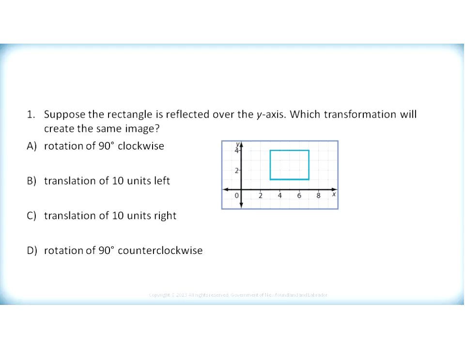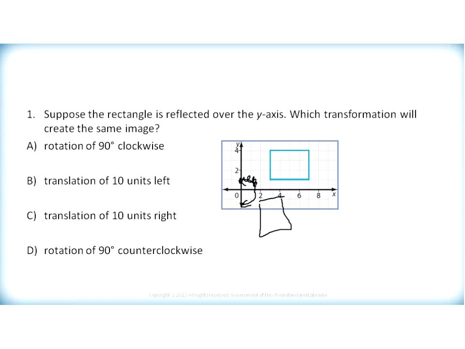A rotation 90 degrees clockwise would look something like this, not the first one. So we're going to end up with our shape somewhere down here. That is definitely not going to be the same as reflecting over the y-axis.